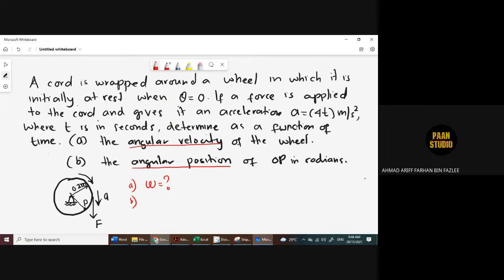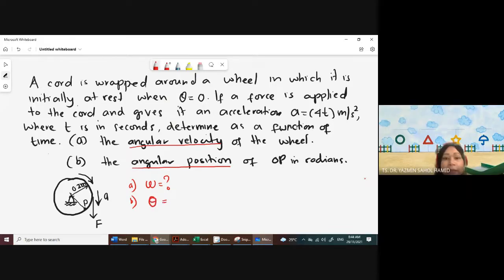Theta. So how are we going to find this? The only information they give is the r, which is 0.2 meter, and they give acceleration, which is 4t meter per second squared. Okay, so we have omega, we have theta, we have a.